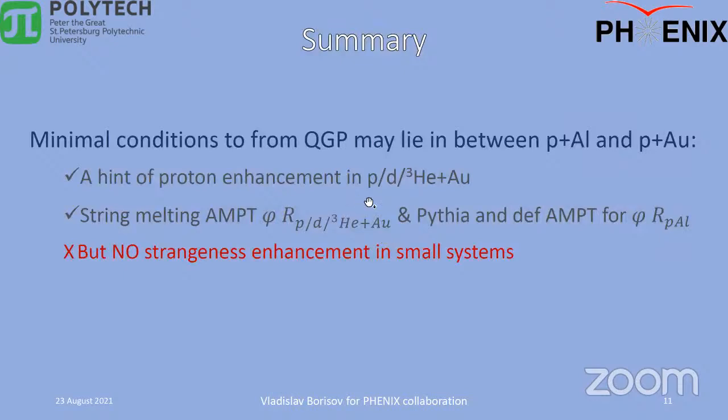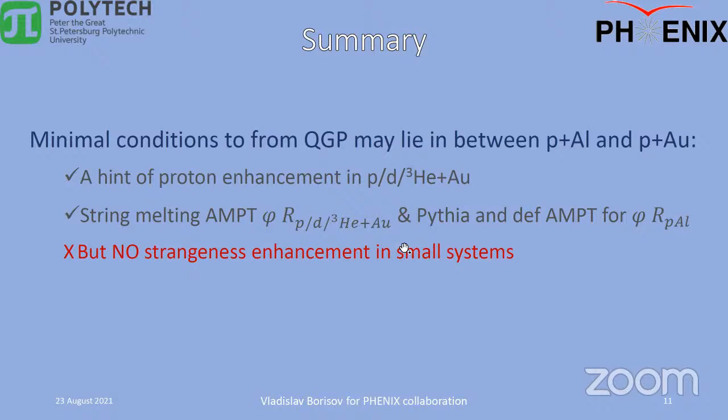The minimal condition to form a QGP might lie in between proton-aluminum and proton-gold collisions, because we observe a hint of proton enhancement in proton, deuterium, and helium-gold collisions. From modeling results, we understand that coalescence became important in proton, deuterium, and helium-gold collisions, but probably the size and lifetime of the QGP is not enough to see strangeness enhancement.